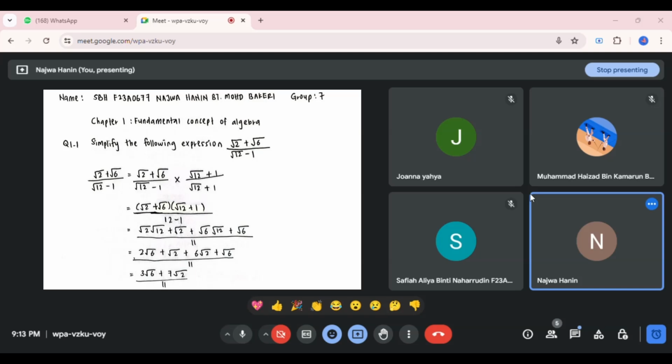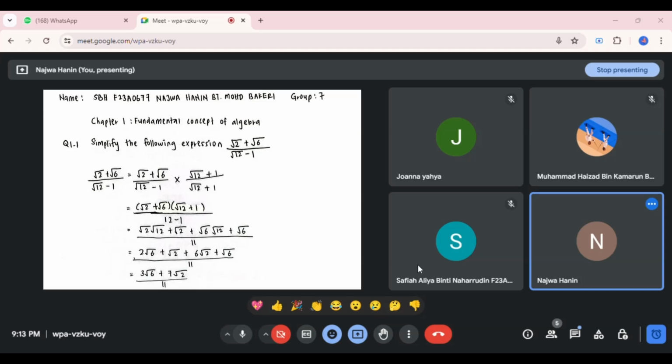Okay, the first question is simplify the following expression, root 2 plus root 6 over root 12 minus 1. First, we need to rationalize the denominator, which is we multiply the numerator and the denominator by the conjugate of the denominator. And then we multiply the numerator and simplify each term in the numerator.